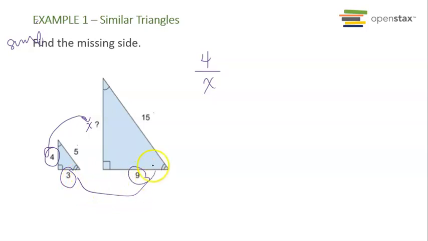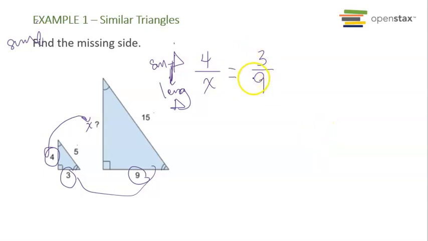The 3 will line up with the 9. Now notice I have my small triangle up top here, my large triangle down here. You can have large first and then small, but it has to be the same in both fractions. So if you go small to big, the next one's got to go small to big. Those are equal. Got to have the same.